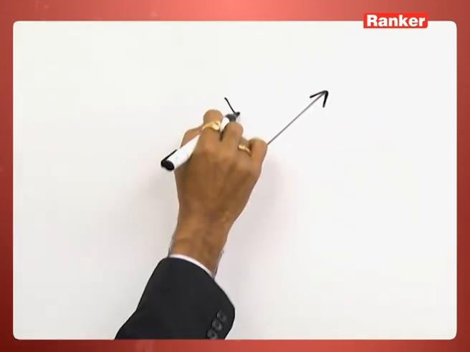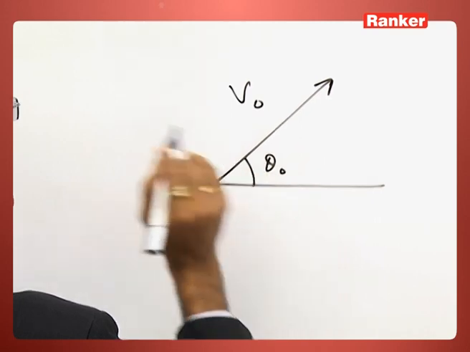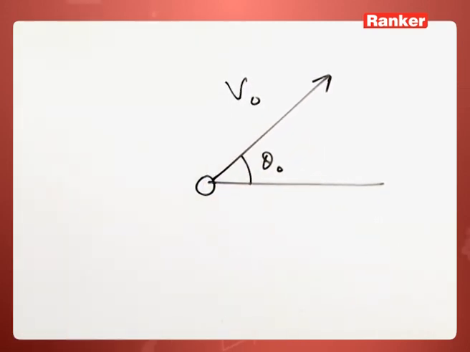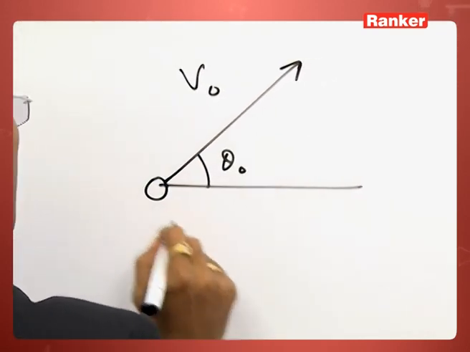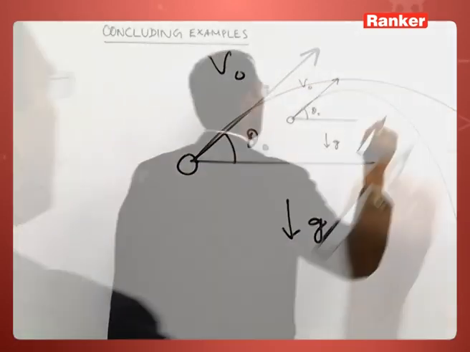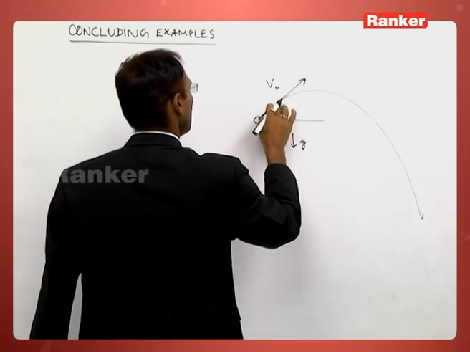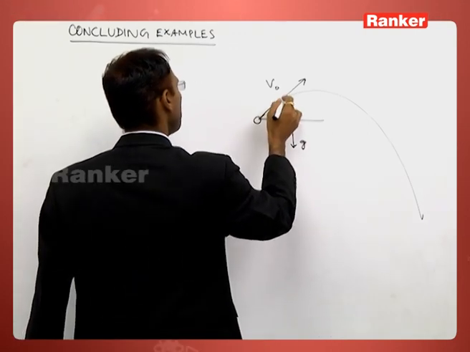Let us project a particle with velocity v naught at an angle of theta naught with respect to horizontal. In gravity, it will move in a projectile path, which is parabolic in nature.